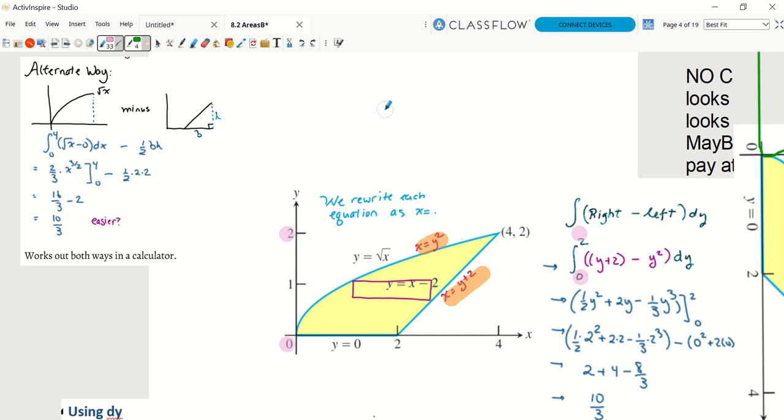Now the general picture is that we're not subtracting top with bottom, we are subtracting right with left, and therefore it is y plus 2 minus the y squared.